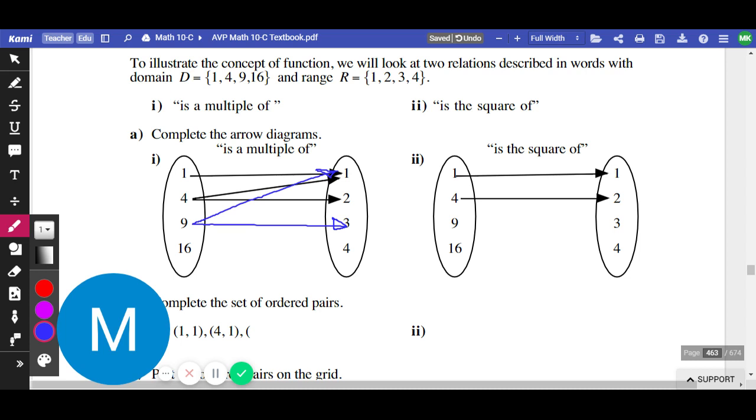I guess we missed an arrow here. 4 is also a multiple of 4. And 4 times 1 would be 4. And then 16. 16 is a multiple of 4, 4 times 4. 16 is a multiple of 2, 2 times 8. And 16 is a multiple of what? 16 times 1.